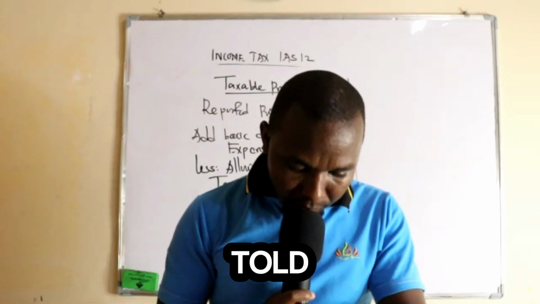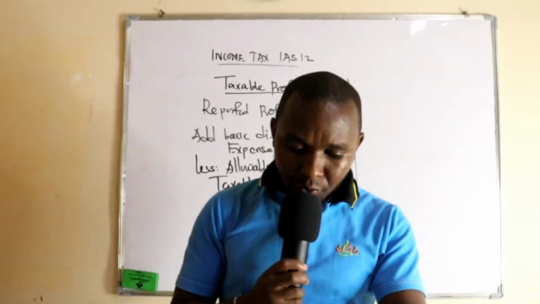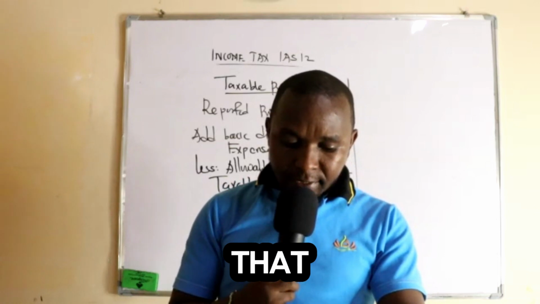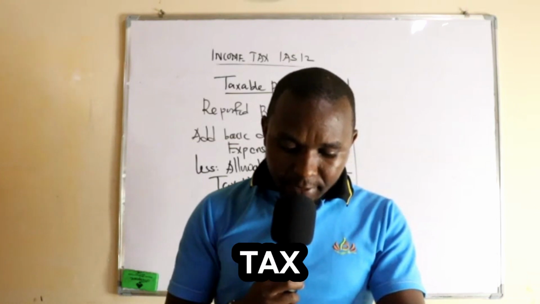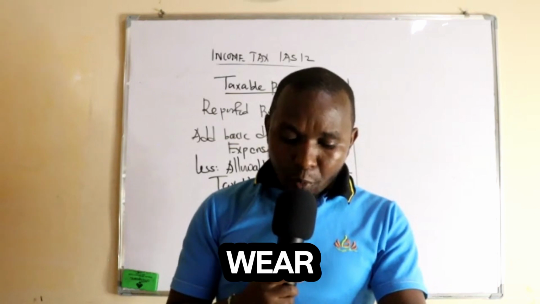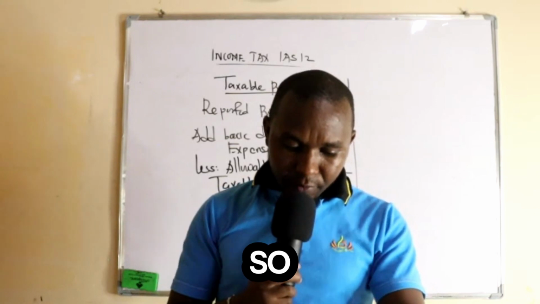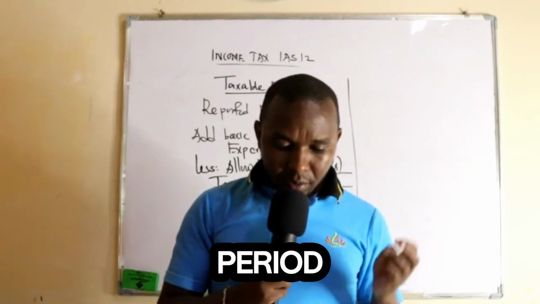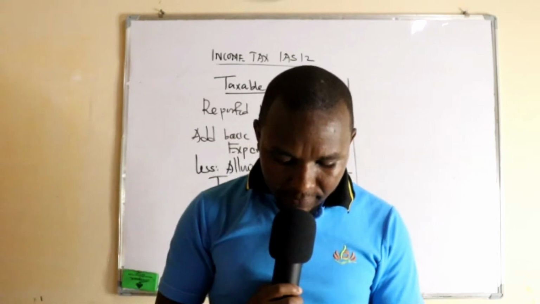And then we have been told during the 4 years from 1st July 2008 to 30th June 2012, the profit after tax and allowed wear and tear charges for tax purposes were as follows.